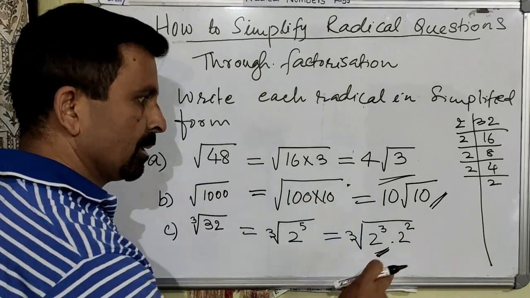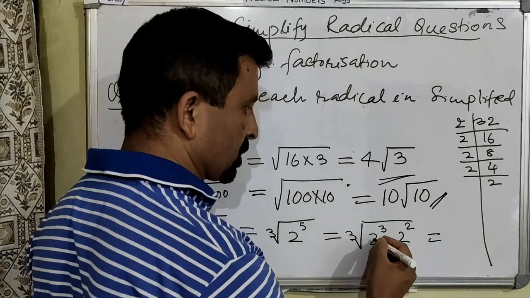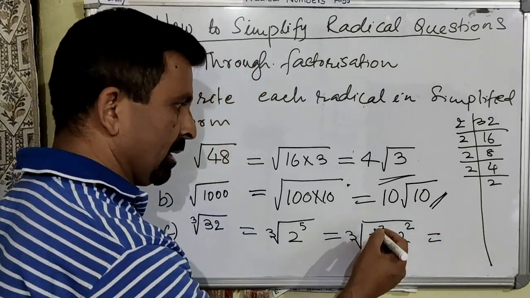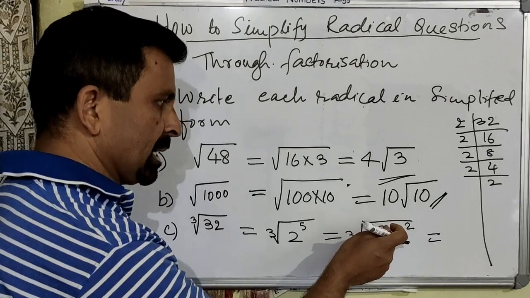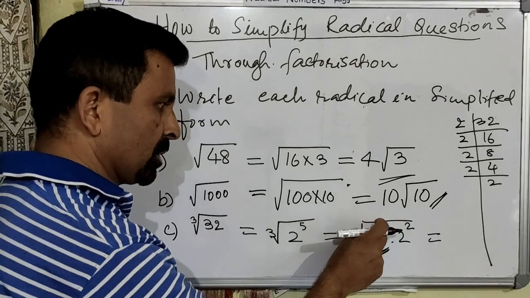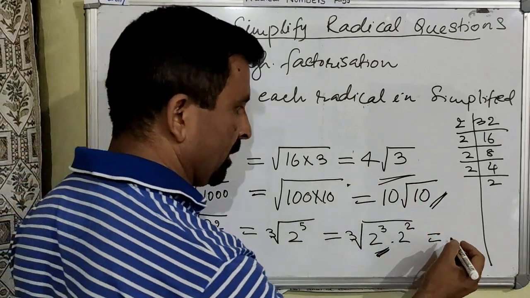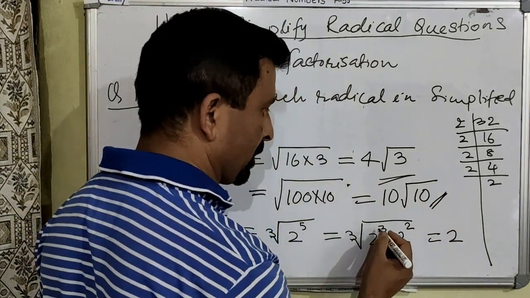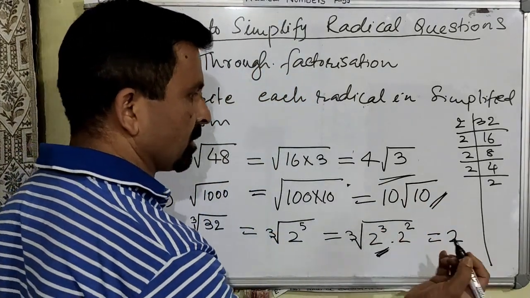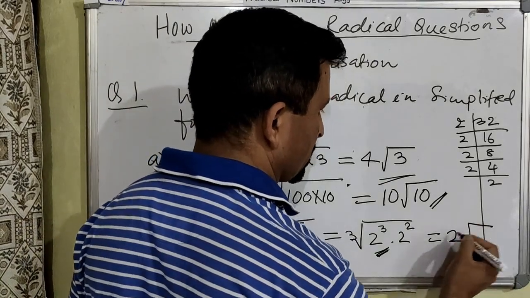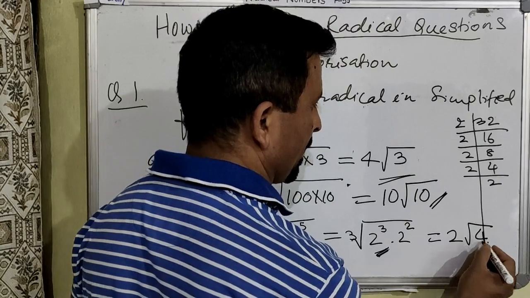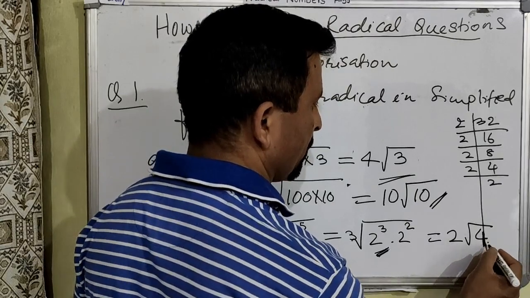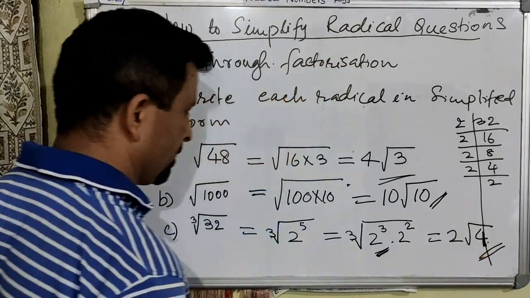Clear? So this 2 to the power 3 comes out, and the power of this 2 is divided by this 3. So 3 divided by 3 is equal to 1. Therefore the cube root of 2 to the power 3 is only 2, and the rest will remain inside. So we write this not as 2 to the power 2, but as 2 to the power 4, and this is your answer.